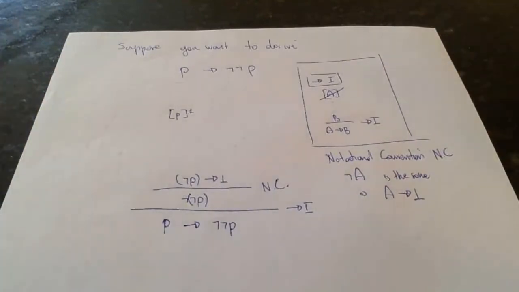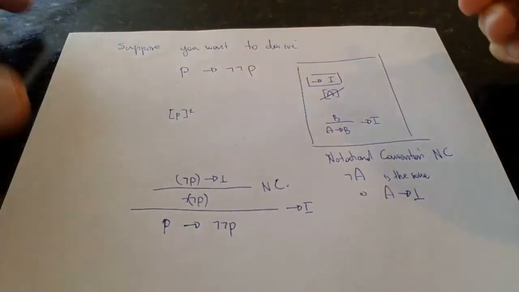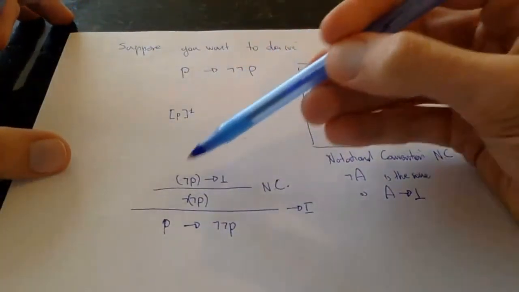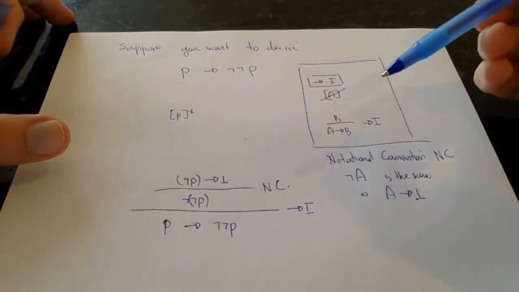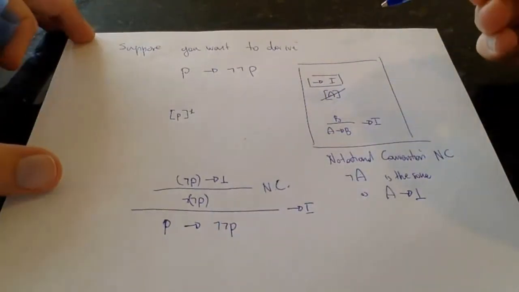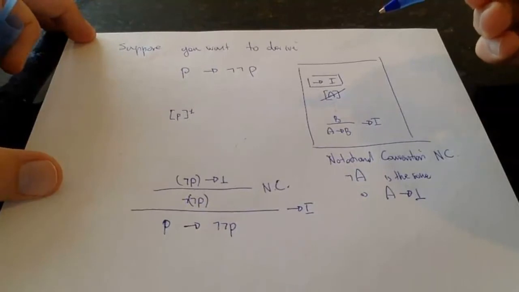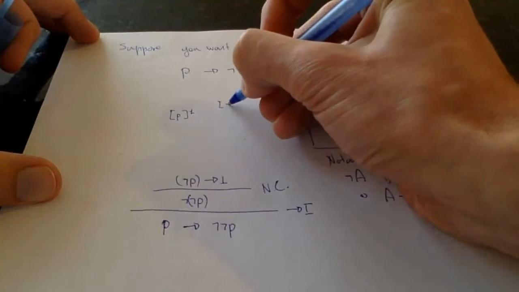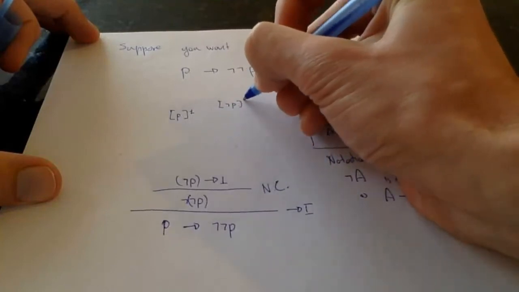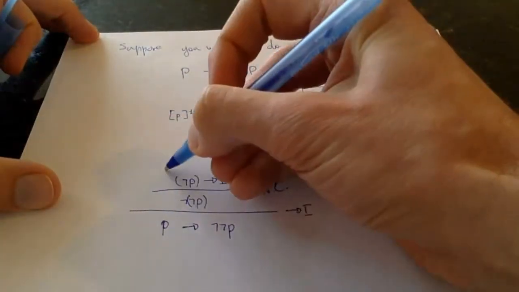And we know that when something is in the form of an implication, what we need to do is to assume the antecedent and try to derive the consequent in order to get that. So this is another assumption that I can make. So let me make it up here. So this is not P. So this is my assumption number 2.